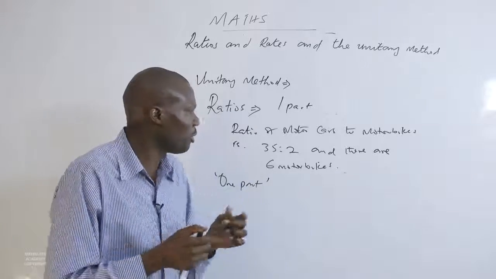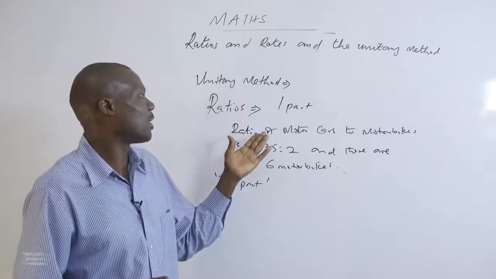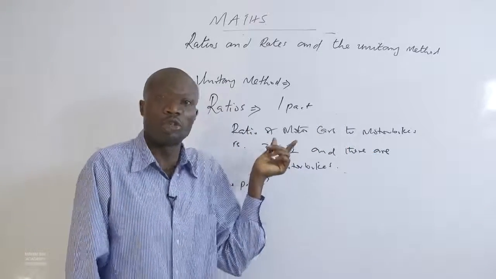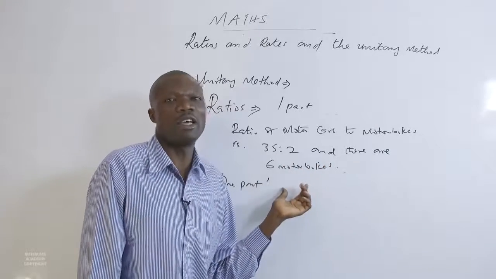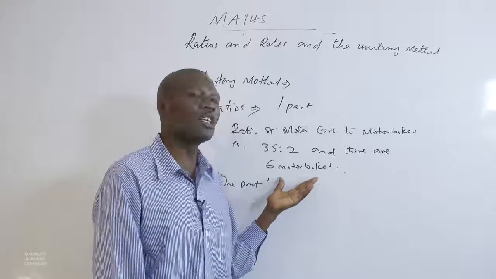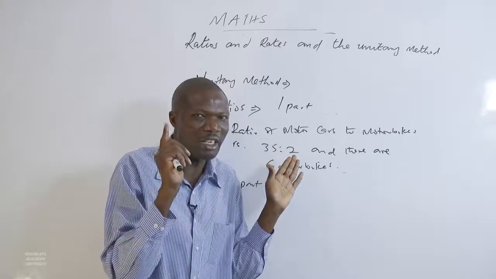But now, when you look at our ratio, the ratio is saying that the ratio of motor cars to motorbikes is 35 to 2. And there are how many motorbikes? There are 6, which means 2 parts of the motorbike is equivalent to 6. Take note of that very clearly.